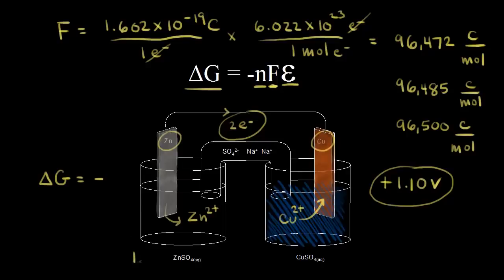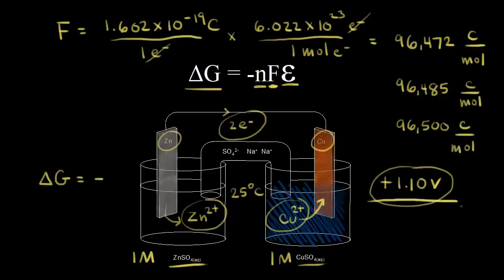So we have a 1 molar concentration solution of zinc sulfate, which gives us 1 molar concentration of zinc 2+ ions in solution, and a 1 molar concentration of copper sulfate, which gives us 1 molar concentration of copper 2+ ions in solution. And our temperature is 25 degrees C. So if those are your conditions and you hook up a voltmeter, this is the voltage that you will get.